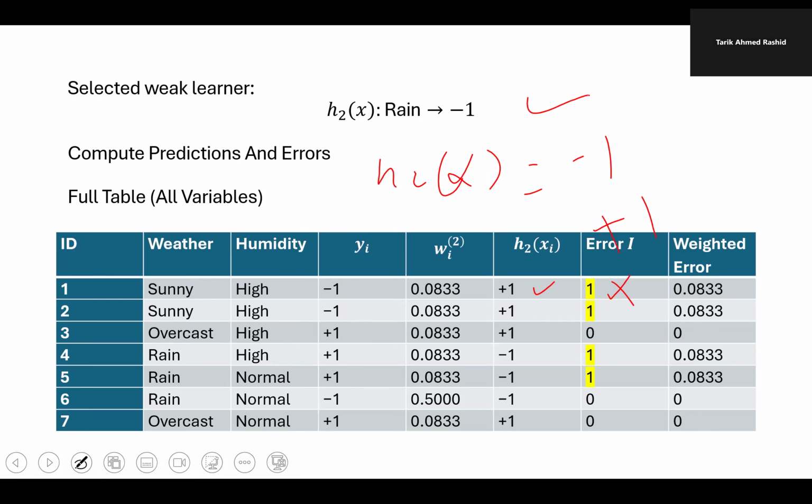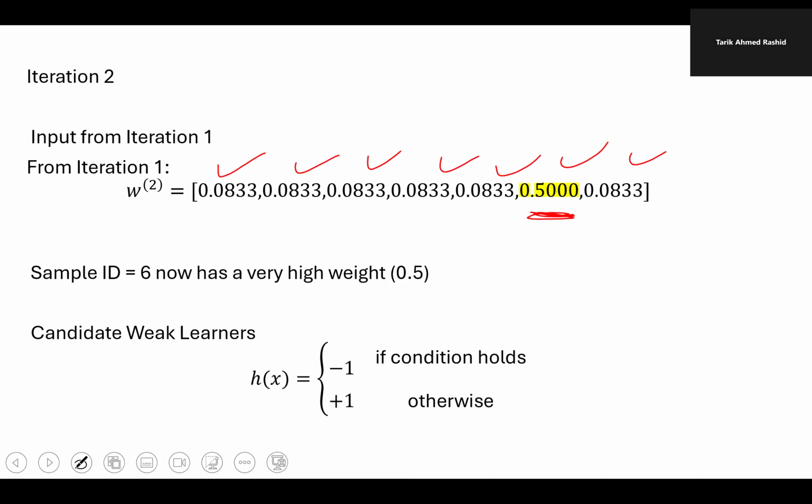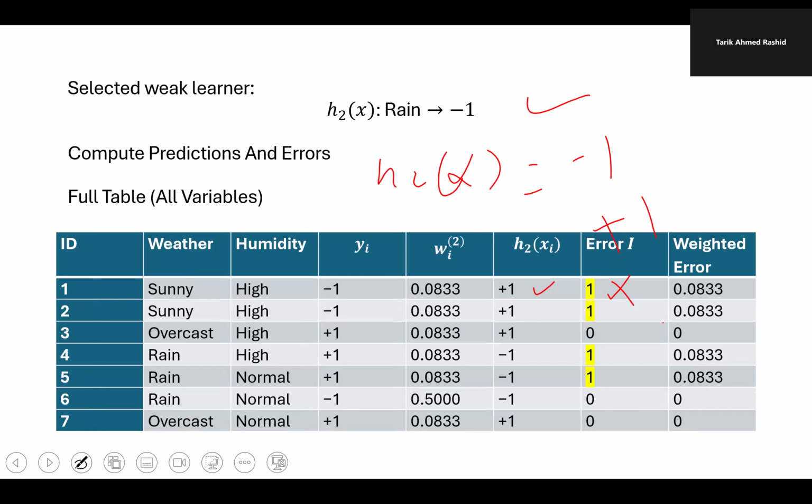Sunny has to be H2 +1, overcast is plus, otherwise. Other features all become +1.